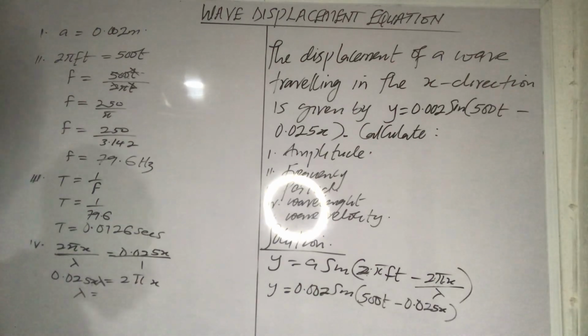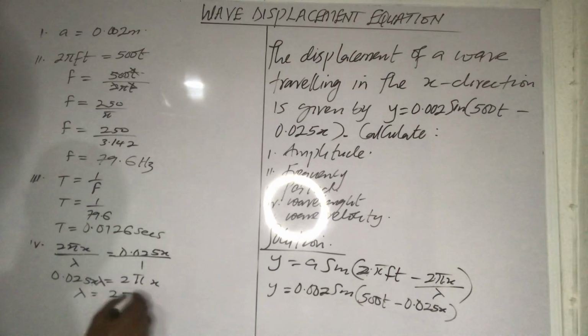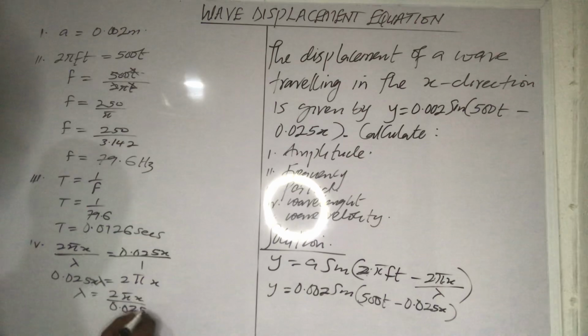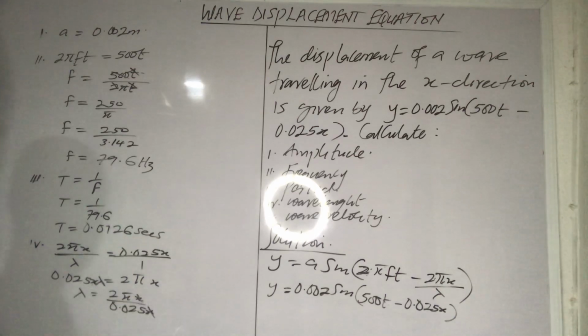So my lambda will now be equal to 2 pi x over 0.025x. x and x will cancel now.